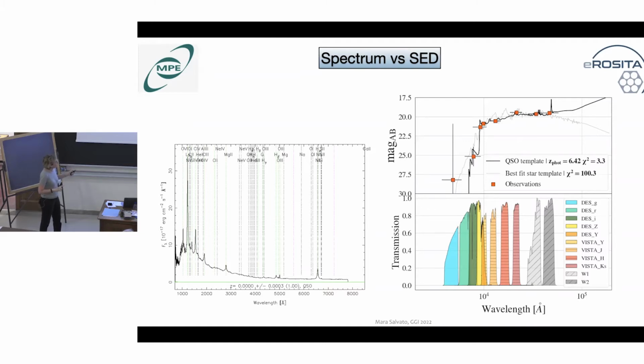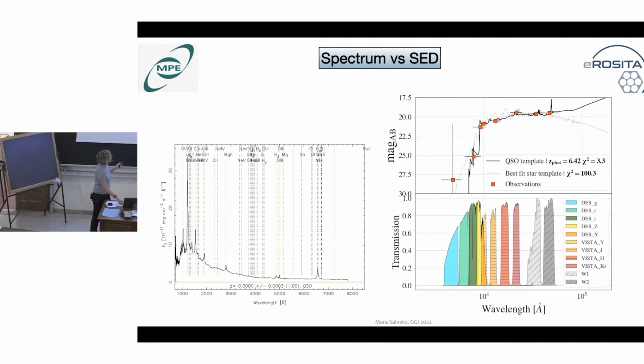And not only do we fit the data to get properties, as I've said, on the history of the galaxy, we also try to get the information on the distance. And this is going to cause some problems.